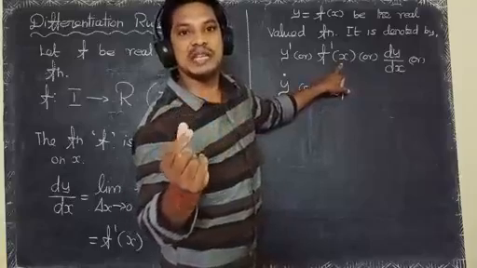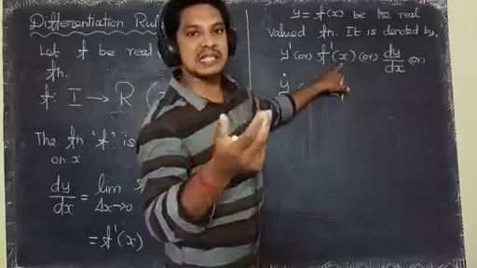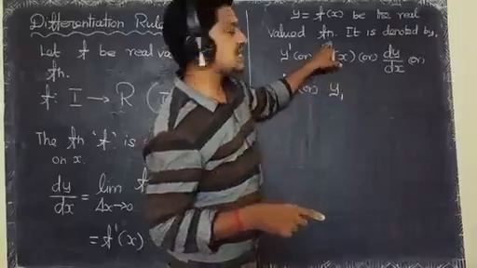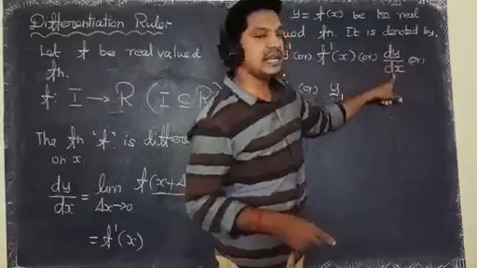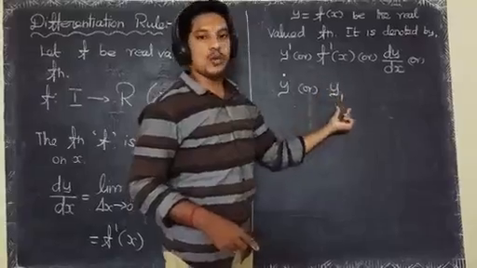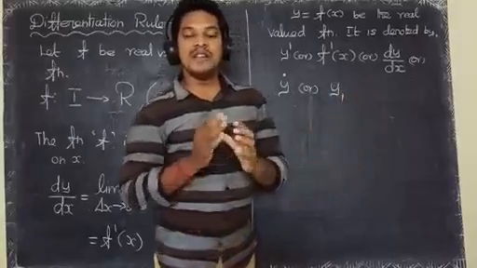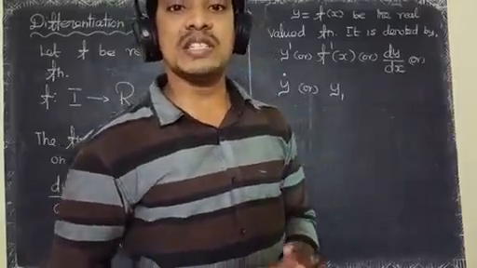Function of x, meaning the variable x is present in the function f. F dash means one time differentiation with respect to x, or dy by dx, or y power 1 dot, or y1. These are the various types of notation for the first derivative.